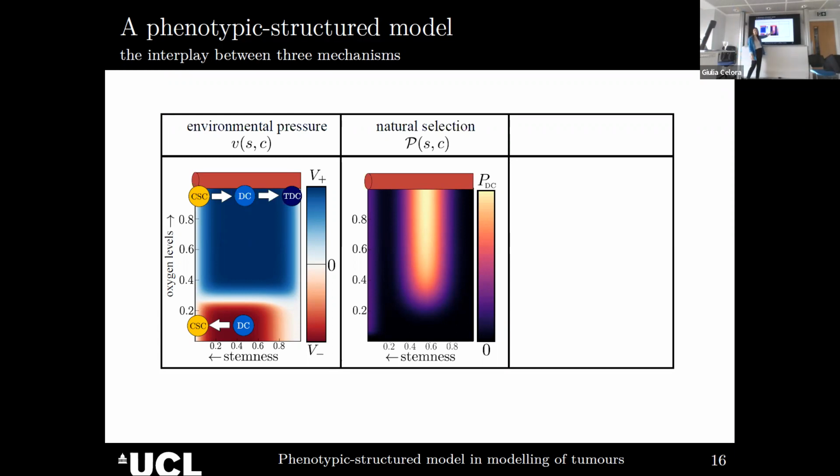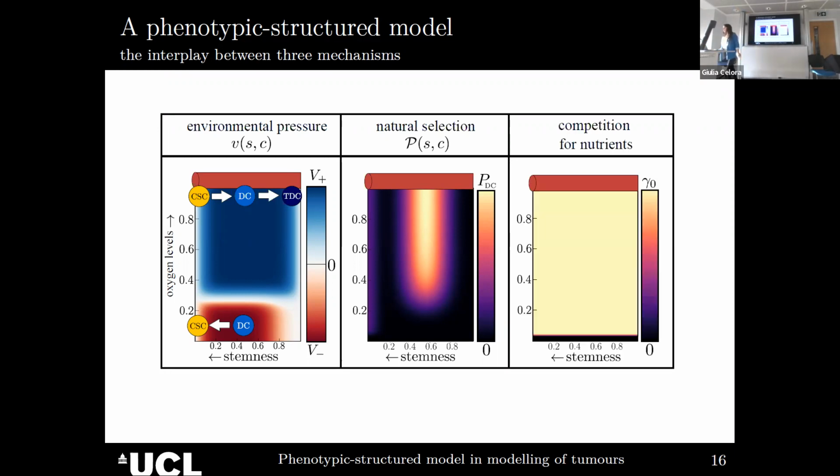We have natural selection by proliferation, again mediated by oxygen. And then now we have also competition for nutrients, which is described by gamma, the consumption rate. And here we assume this is constant for all types of cells, and basically it goes to 0 where there is no oxygen. This prevents the solution from becoming negative. If there is no oxygen, cells are not consuming oxygen.